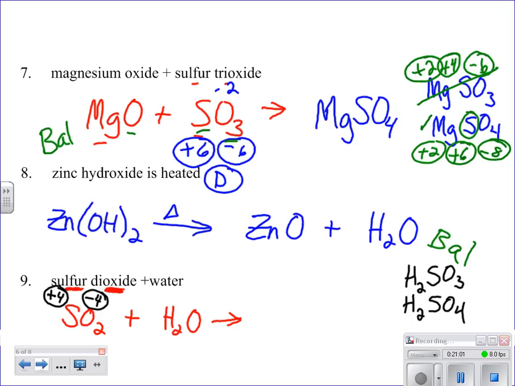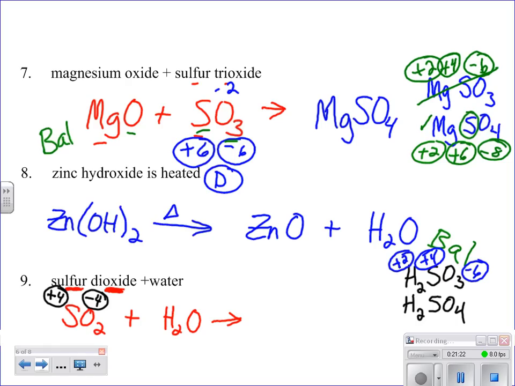So when we come over here and do our scratch work, and this is what I was saying, you could flip it over and do the stuff on the back if you wanted. We know our hydrogen is a total of plus 2. Our oxygen is a total of minus 6. Ding, ding, we have a winner. So there's our plus 4.